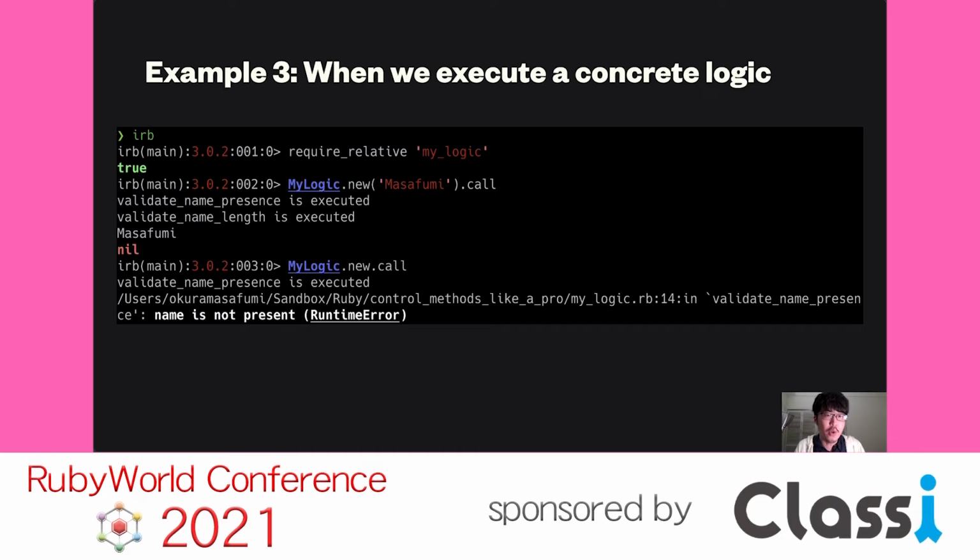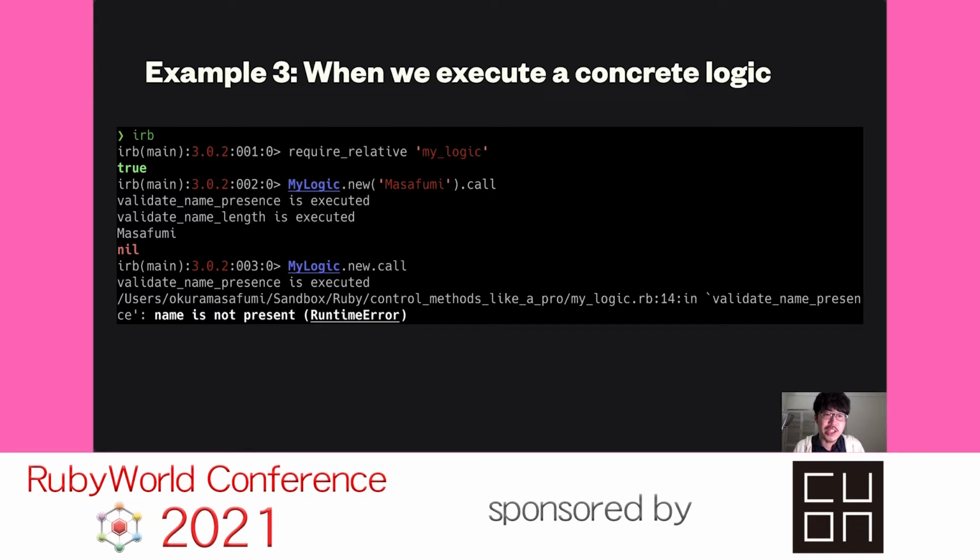So how do we actually use it? This is an example that I did with IRB. I added the name Masafumi to this Logic, and if I call that, the validations that have been executed are shown here, and after that the name comes out.